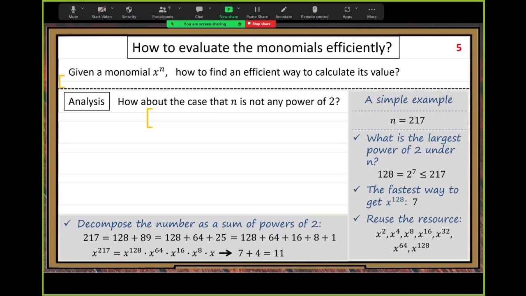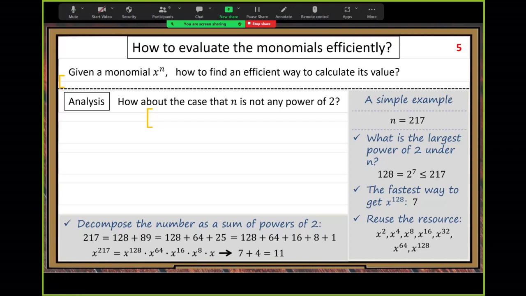Through this example, you can see any number, x to the any arbitrary given positive integer, you can compute this way, because you can always write it in binary representation, and you can write it as a sum of powers of 2.